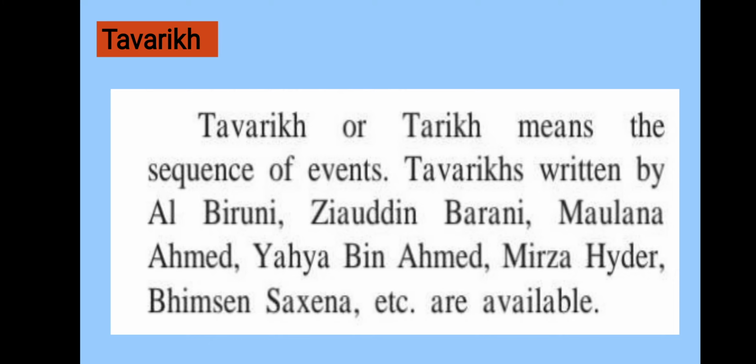The Tawarikh written by Al Biruni, Maulana Ahmad, and Bhimsen Saxena are available in the Marathi language as well as in the Urdu language. So these Tawarikh, or sequences of events, are very important. From these also we get information about the medieval period.